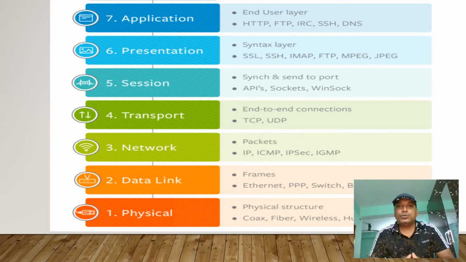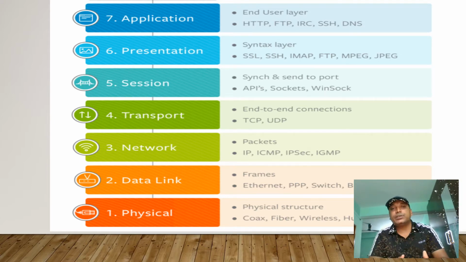So this way we use the transport layer, and then the network layer is responsible for routing. The transport layer is only for transmitting data. So he is ready with the packet from application, presentation, and session, and then transport layer data is added, like it is a TCP connection.